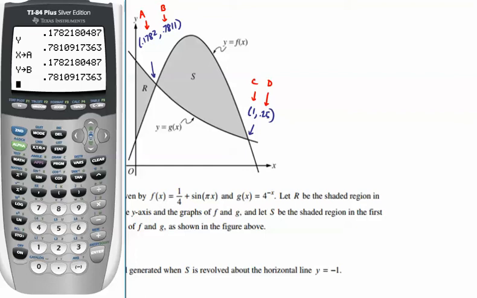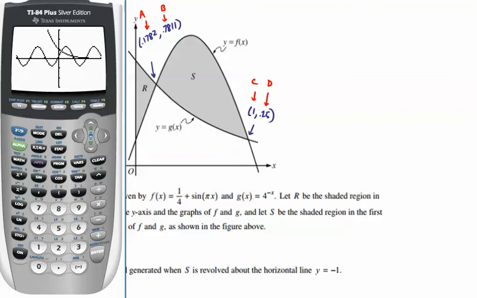Now the next thing that we need to do is to find the other point of intersection. So second, calc, intersect. And we found that left point of intersection already. And so first curve, second curve, and guess gives us 1 and 0.25. And so I'm going to label those C and D. These are not as bad.